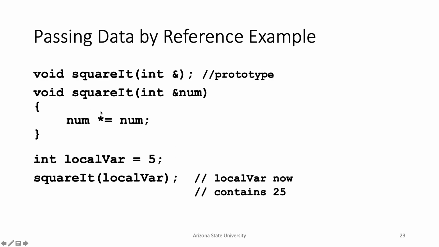So when this function exits its scope, this brand new copy goes away because it's not in the scope anymore. So when I come back to this call right here, local variable has not been changed, so it still has the value 5.